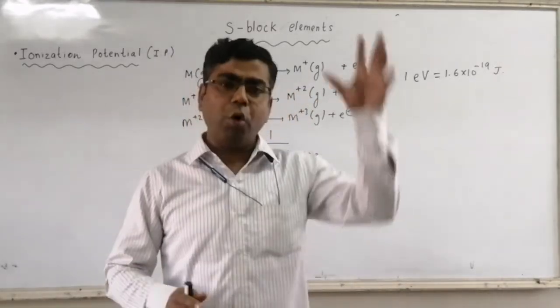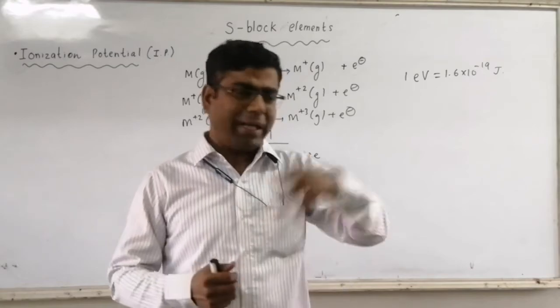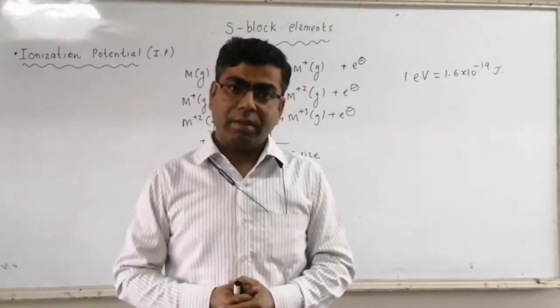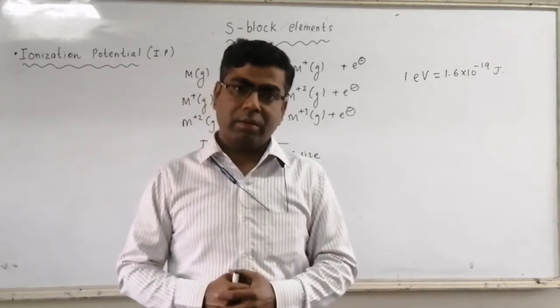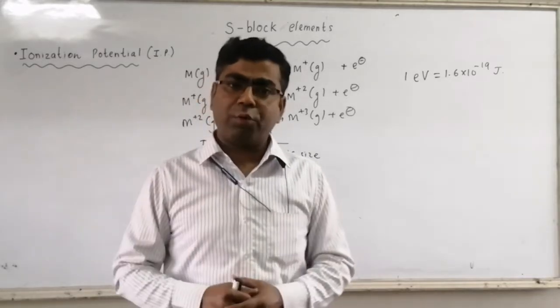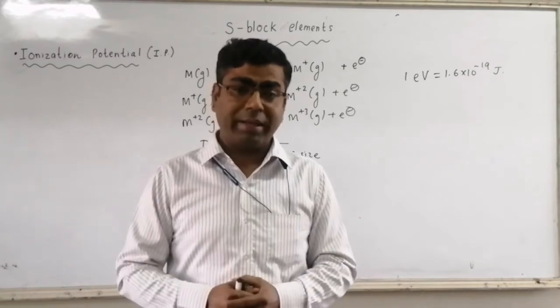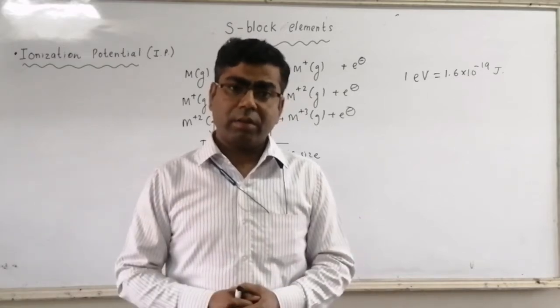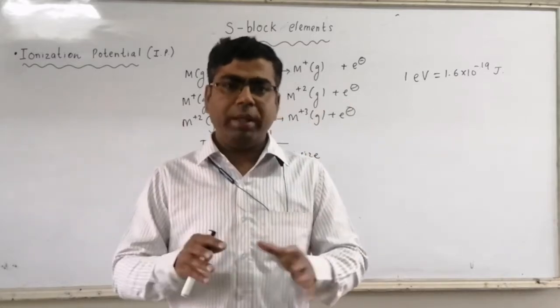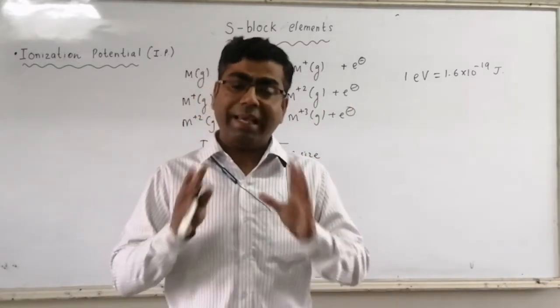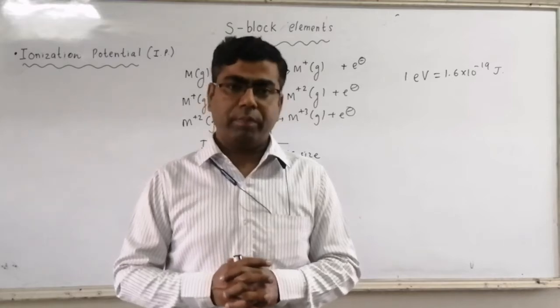If value of IP is more, loss of electron is not easy. In that case, addition of electron is easy. Which elements can take electron? Simply electronegative elements, or we can say non-metals. So elements with high value of IP will be non-metallic or will be electronegative in nature.